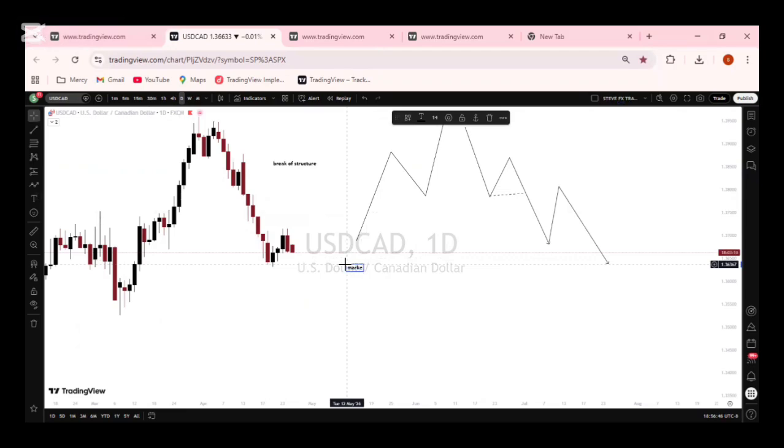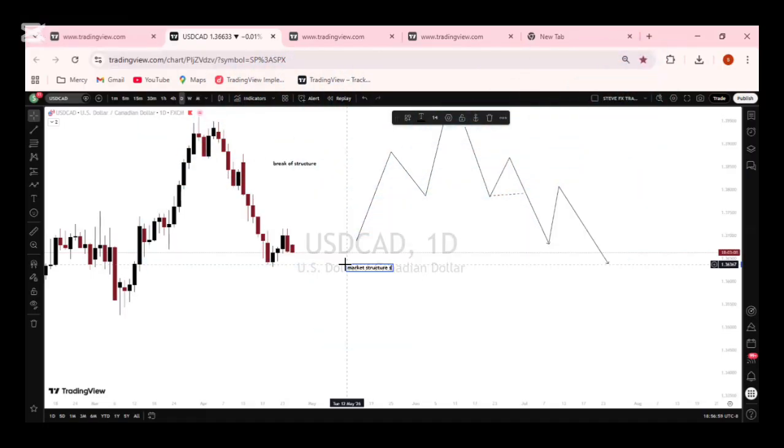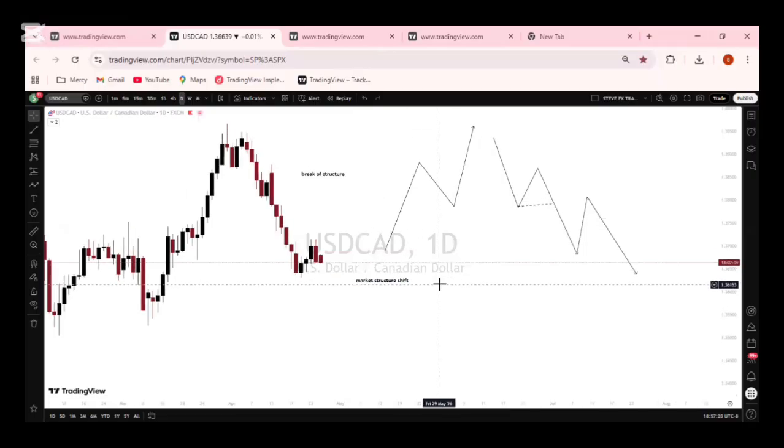A shift in market structure indicates a potential reversal of market direction. It does not give a valid confirmation that the market direction has changed. It is the early sign that the direction of the market may change.